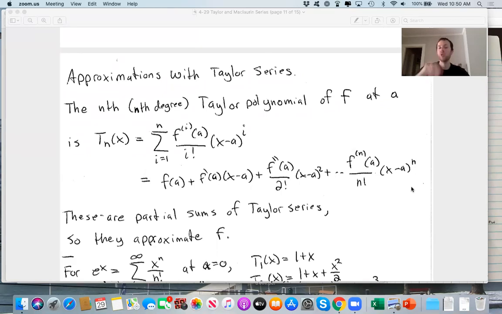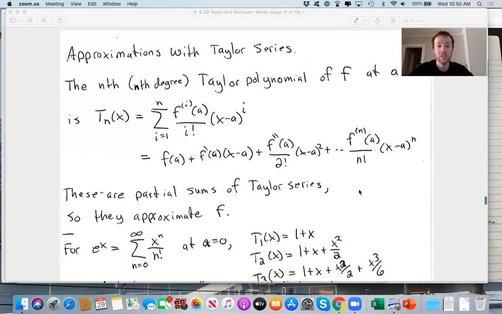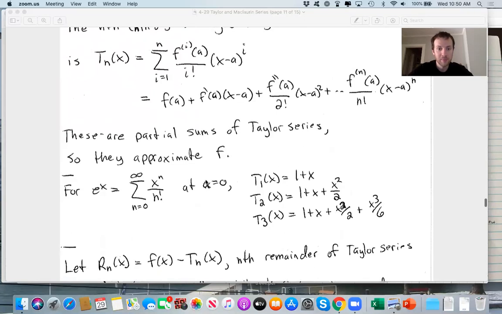Here, you don't need to try to come up with a general formula. You can actually compute what each of these coefficients is. So for e to the x, the first Taylor polynomial is 1 plus x, so it stops at x to the first. The second polynomial uses the formula but stops at x squared. The third polynomial uses the formula but stops at x cubed.